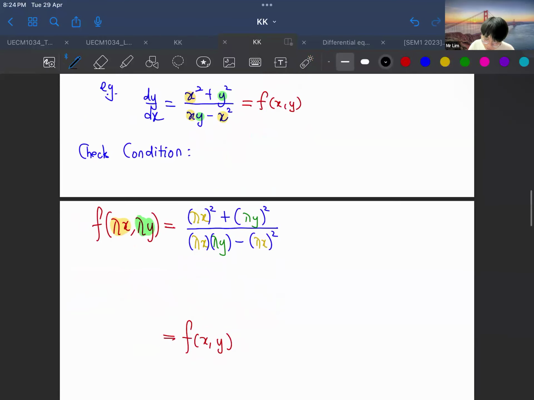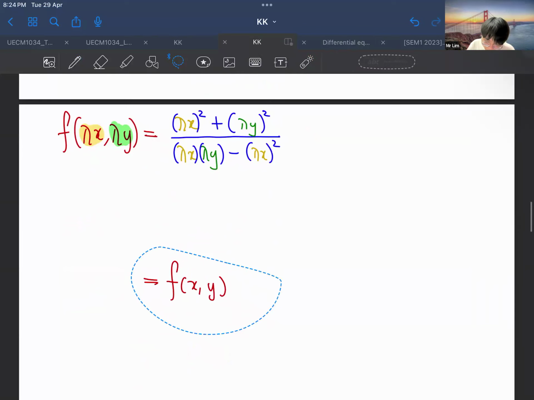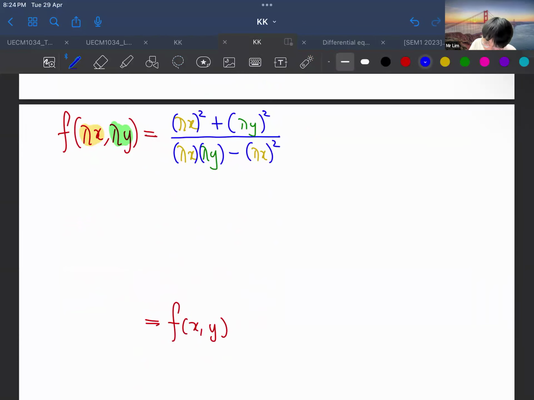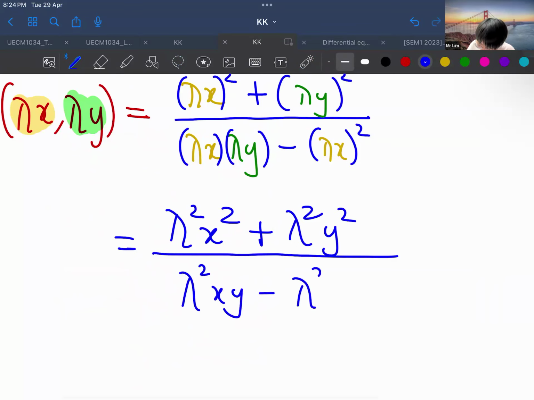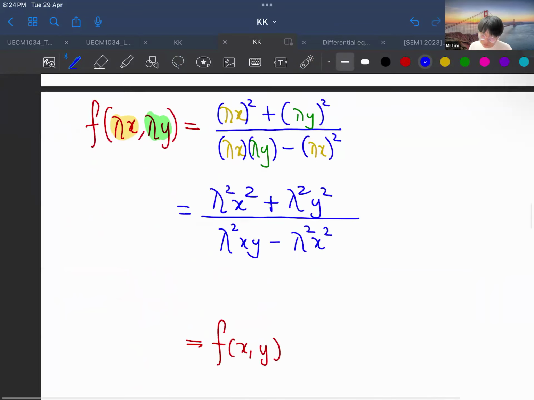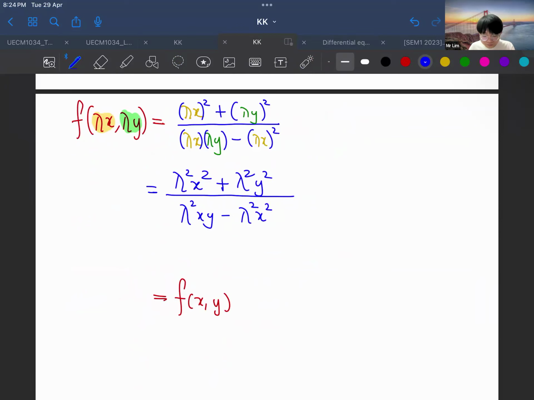So let's see. If you simplify, you're going to get λ squared x squared plus λ squared y squared over, remember there are 2 lambdas, so it's λ squared xy minus λ squared x squared.